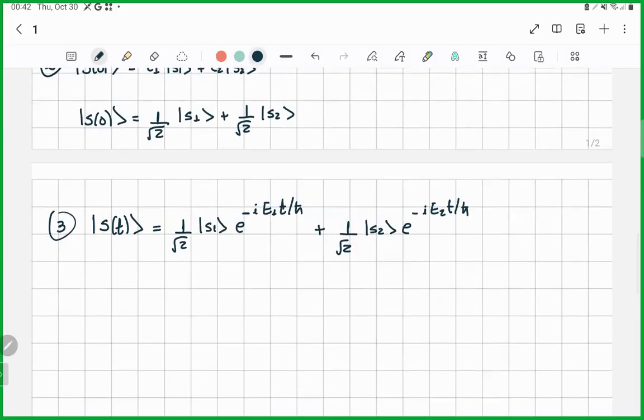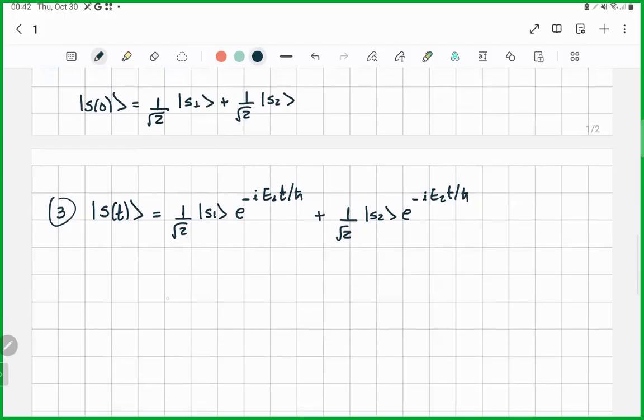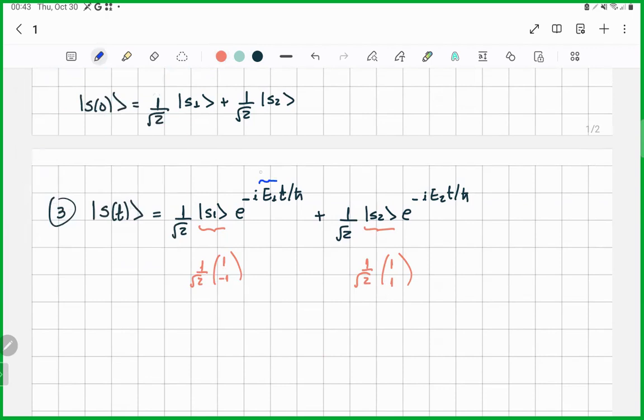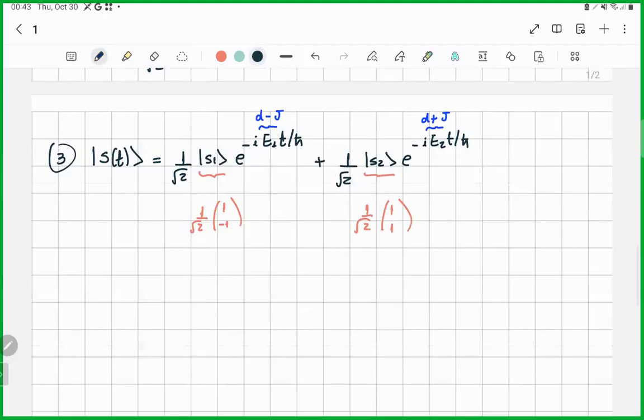Well, what do we have here? Let's write what this state is. So this state S1 is 1 over square root of 2, 1 and minus 1. Let's also write this state S2, 1 over square root of 2, vector 1 plus 1. Let's also put in our energy. So this E1 is D minus J, and this E2 is D plus J. So what do we get now?